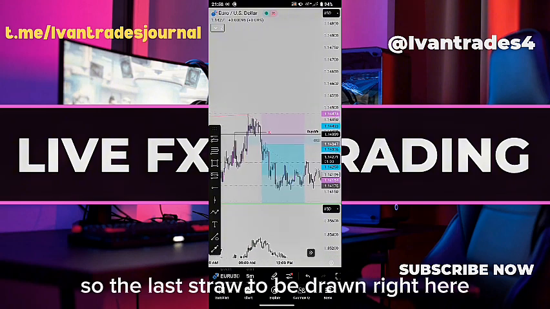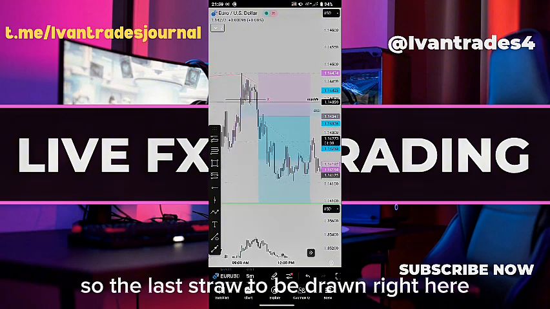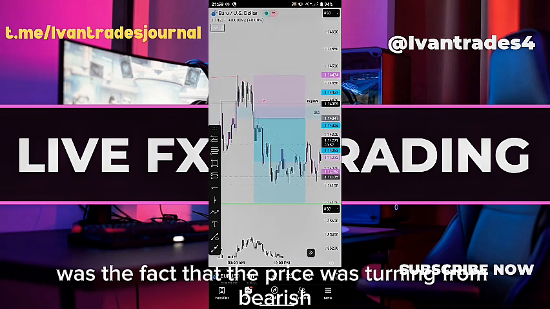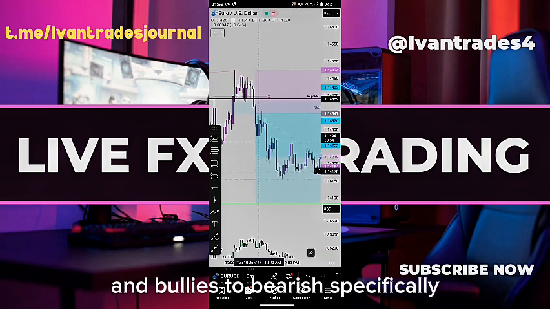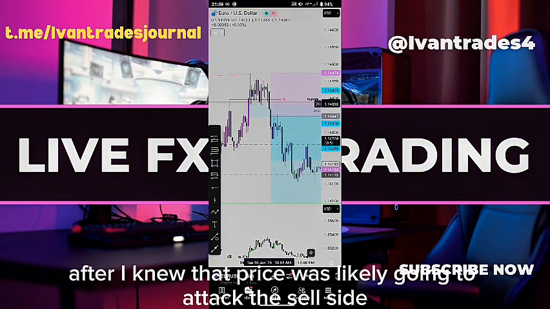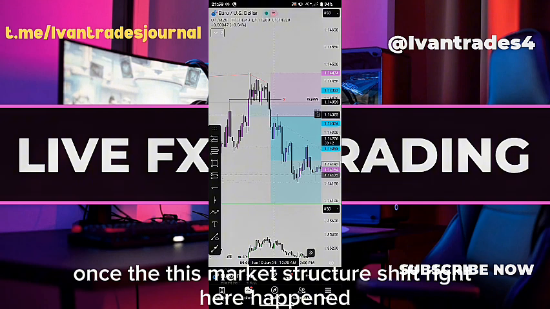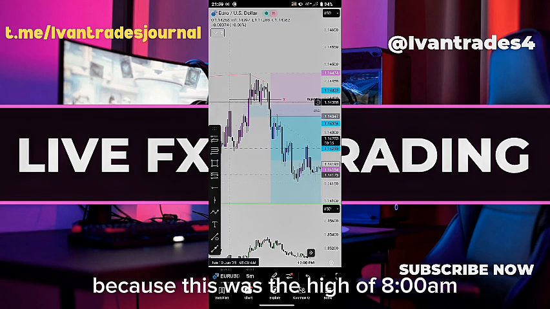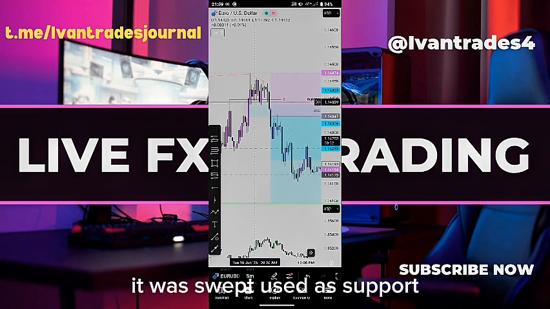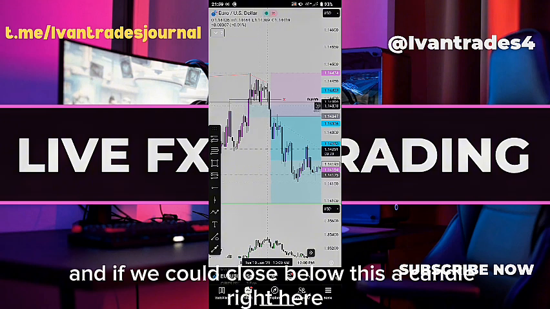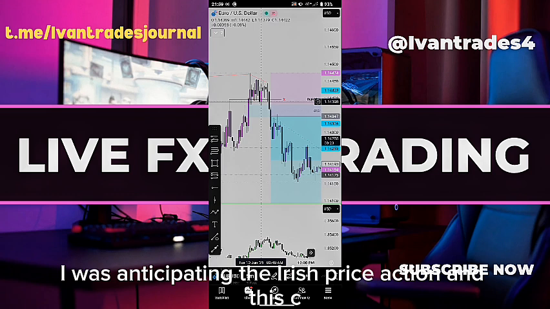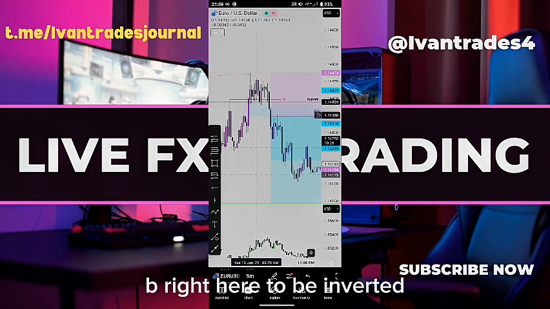The last straw was the fact that the price was turning from bullish to bearish, specifically after I knew that price was likely going to attack the sell side in the internal range once this market structure shift happened, because this was the high of 8 a.m. It was swept and used as support, and if we could close below this candle right here, I was anticipating bearish price action and this CB right here to be inverted.